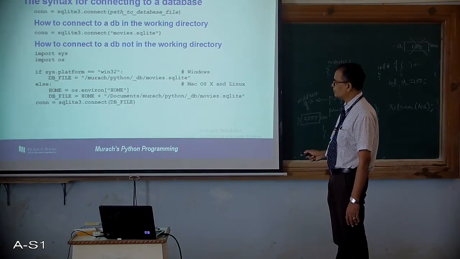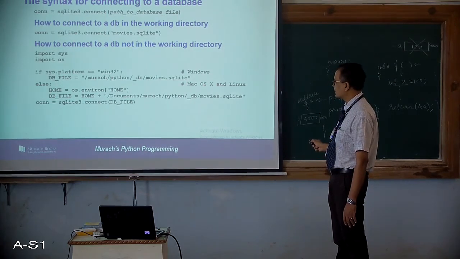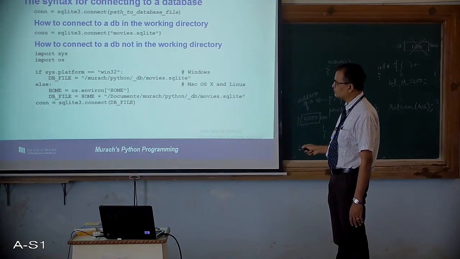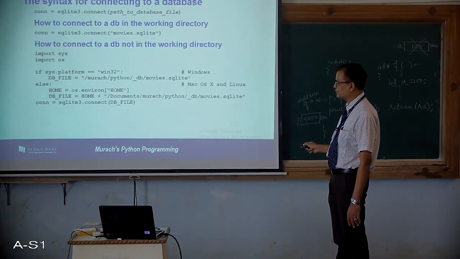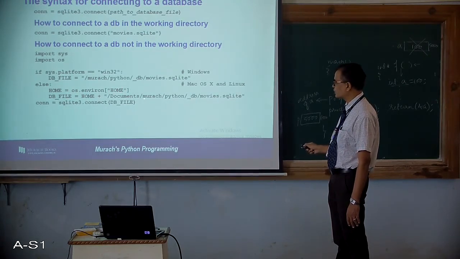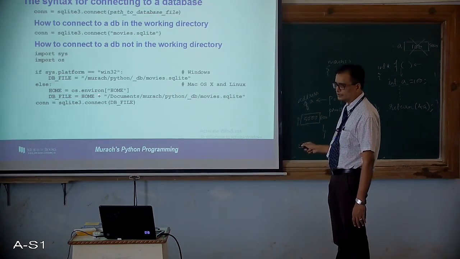You can see. If it is not a Windows system, if it is Mac OS X or Linux, then we will have to write home is equal to os.environ, the environment variable HOME. Then db_file is equal to home plus the documents, python_db, movies.sqlite path. This home will get you the home directory path.